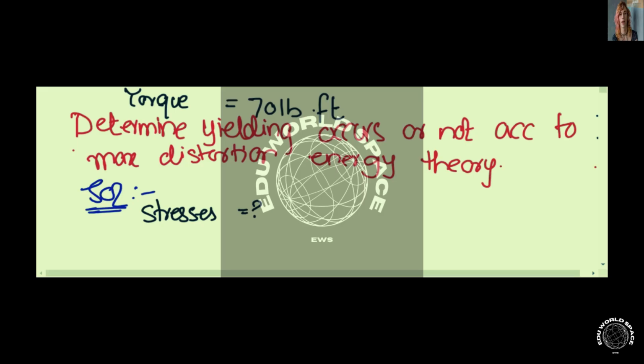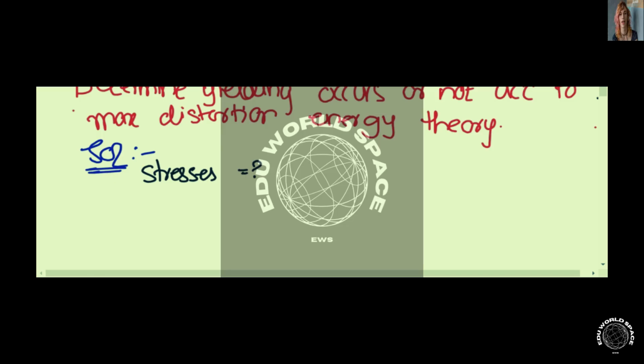However, it only applies for thin-walled vessels that have a ratio of radius to wall thickness of at least 10. In our case, the ratio R over T is equal to 2 divided by 0.1, that is 20, and 20 is greater than 10.